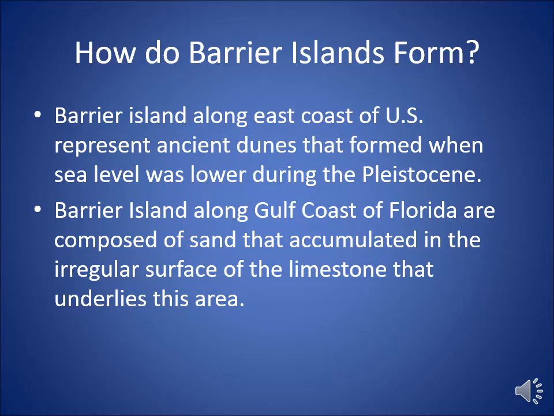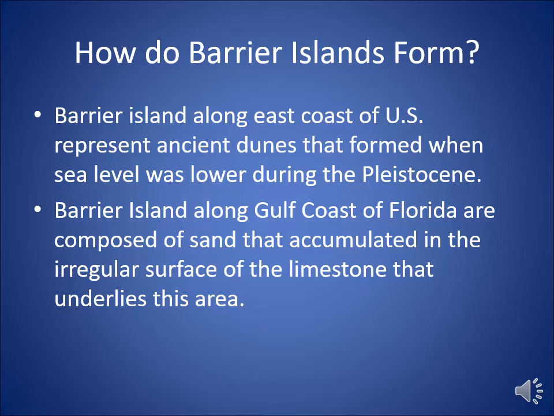Okay, so the question is, how do barrier islands form? And depending upon where you are, they may form in different ways. The long, narrow islands that parallel our East Coast are thought to represent ancient dunes and beaches, or we sometimes call them beach ridges, that formed during the geologic period called the Pleistocene.